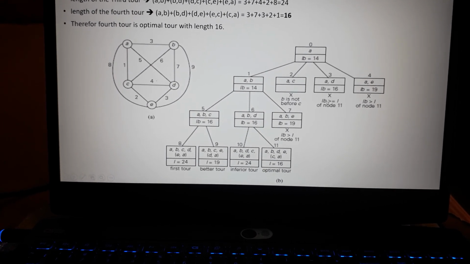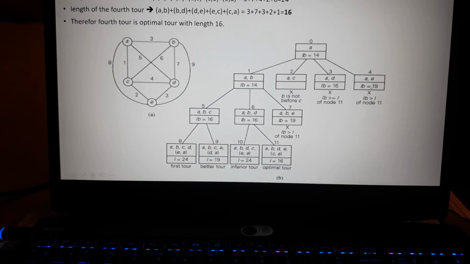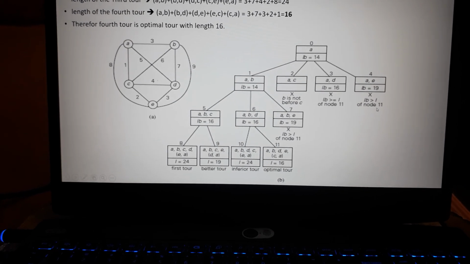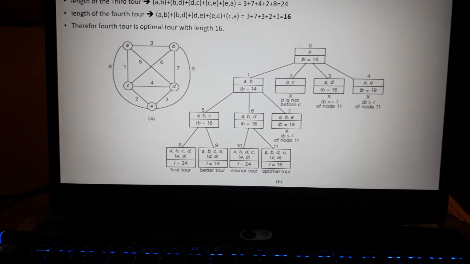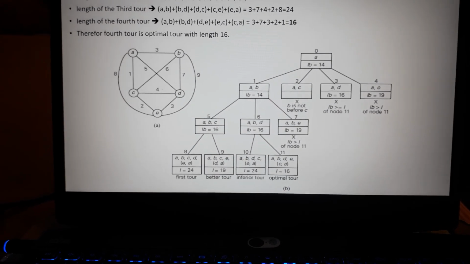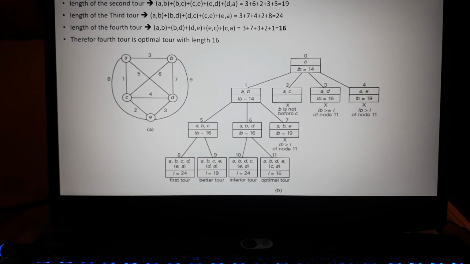So this is also made a dead node, and the last node AE, that is also greater than the node 11, which is more than the optimal tour length. So we will make it a dead node. Hence this is the solution for the traveling salesman problem.